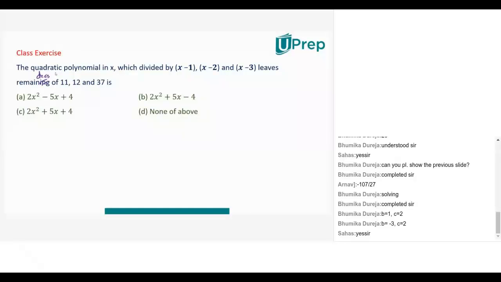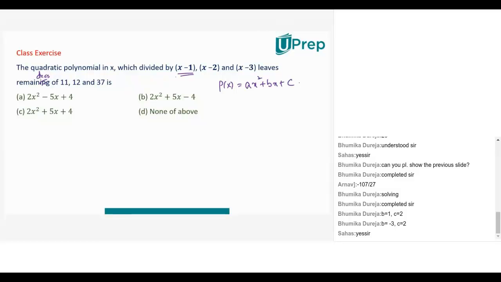Try it quick. I don't know the polynomial, so I'll assume it to be quadratic. That means it should have a second degree term, first degree term, and a constant: ax square plus bx plus c. I need to find a, b, and c values.